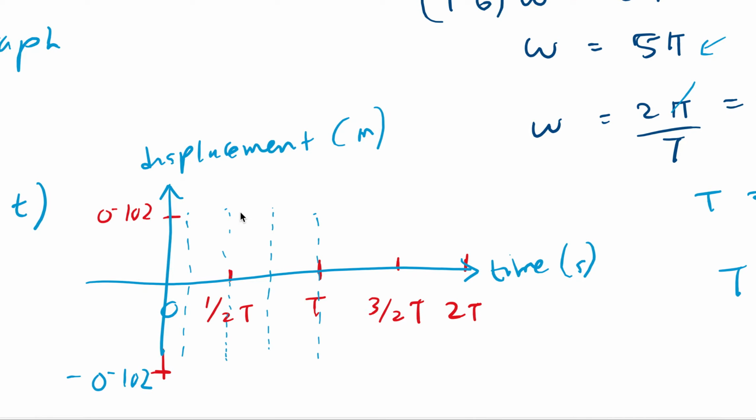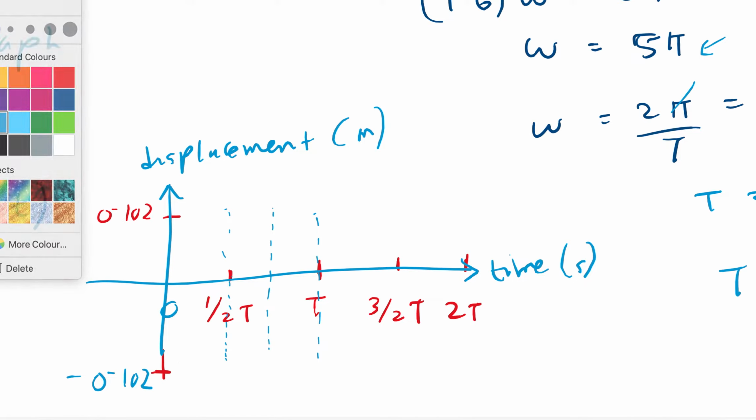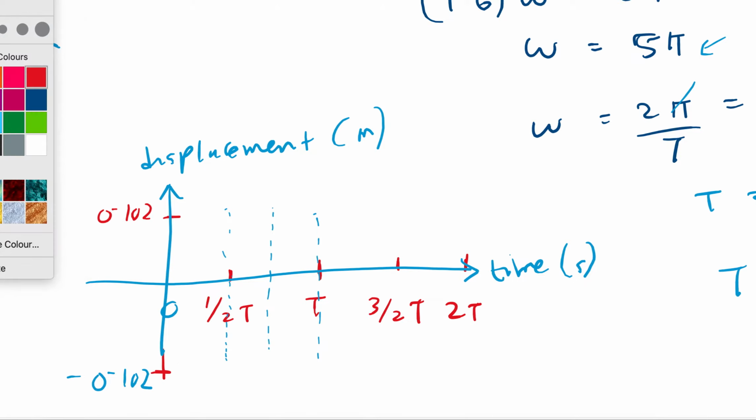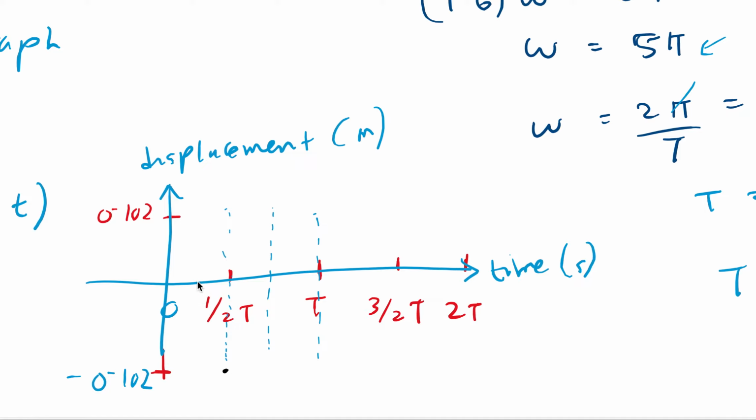So if I want to plot a cosine, let me use black. Here I should have a negative, here I should have 0, and here also 0. So it should look roughly like that. Then it will repeat itself.